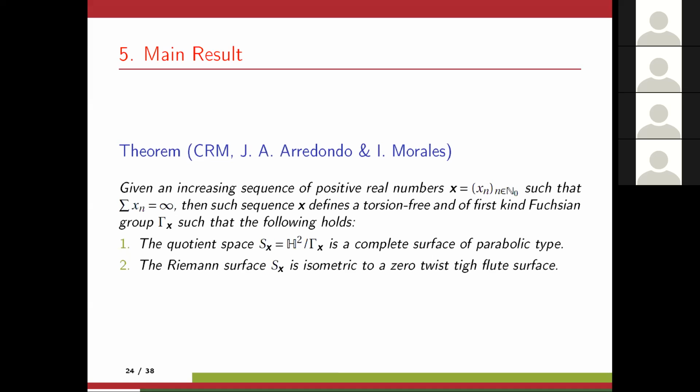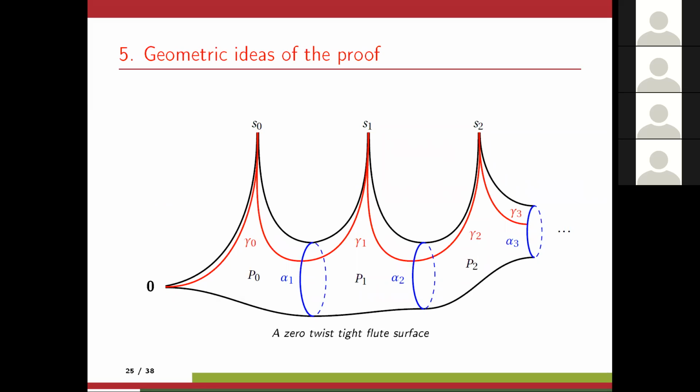Now I'm going to introduce some geometric ideas of the proof of this theorem. Imagine that we have a zero twist type flat surface, coming from gluing geodesic pairs of pants. Over here, our first geodesic pair of pants P0 is glued with the geodesic pair of pants P1 using the geodesic gamma 1.